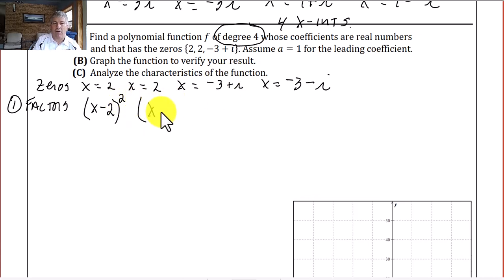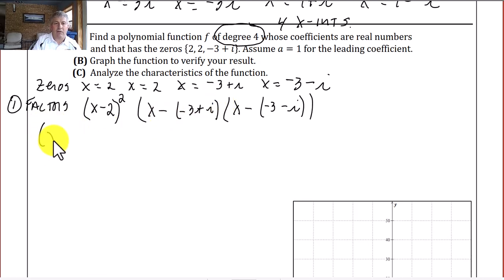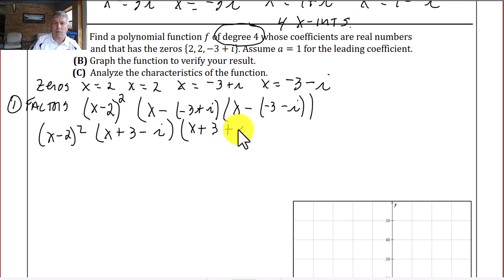Then we have x minus a negative 3 plus i, and x minus a negative 3 minus i. I put those in parentheses because we're going to have to distribute that negative through. So our factors are x minus 2 squared times x plus 3 minus i times x plus 3 plus i.